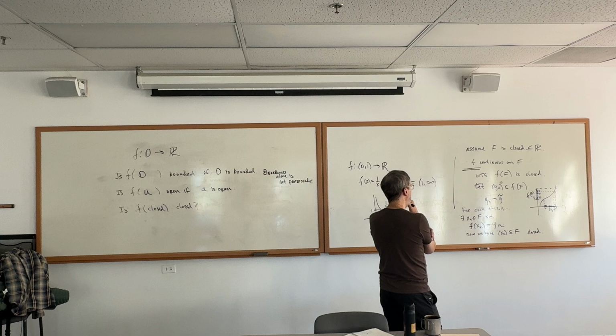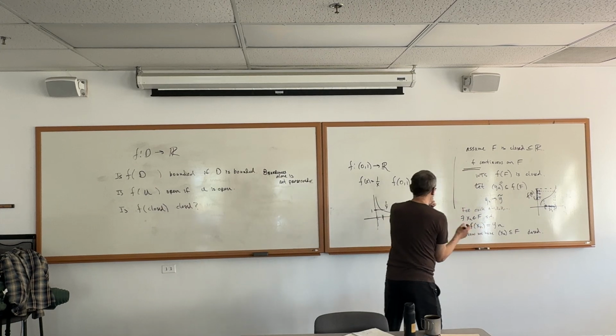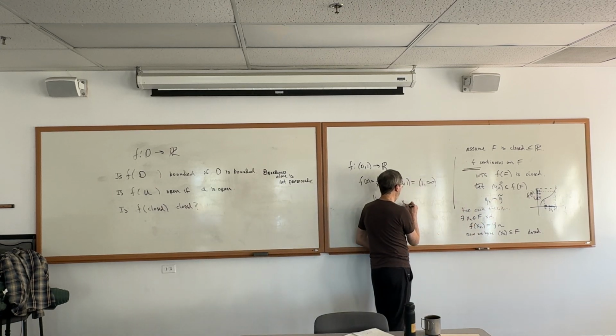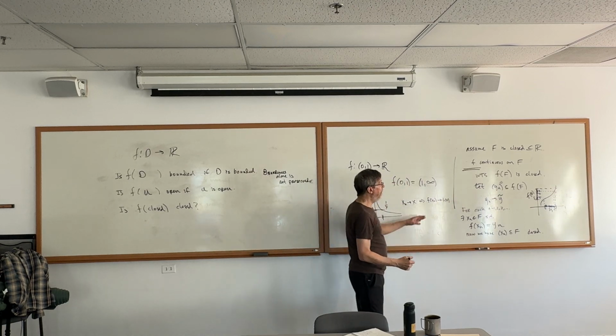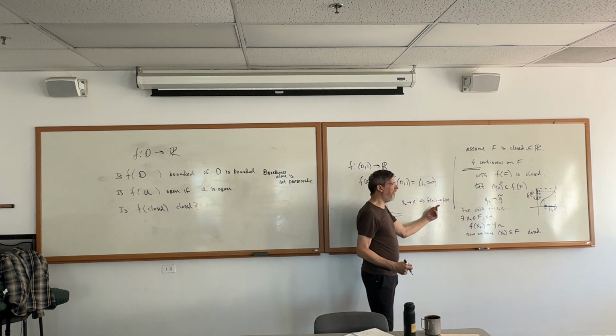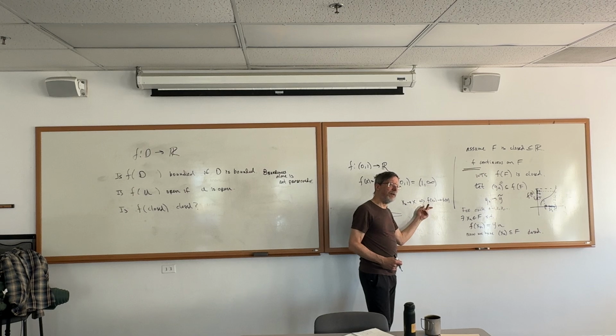Will you use, because it's continuous, so if they converge, then their outputs also converge, or something like that? Yeah, definitely. So we do know this. We have that if x sub n converges to x, then f of x sub n converges to f of x.